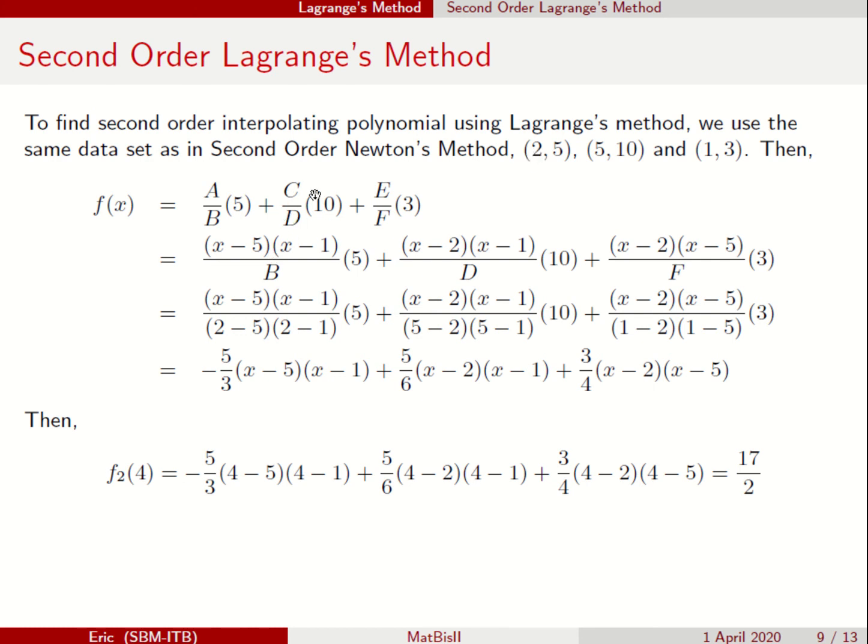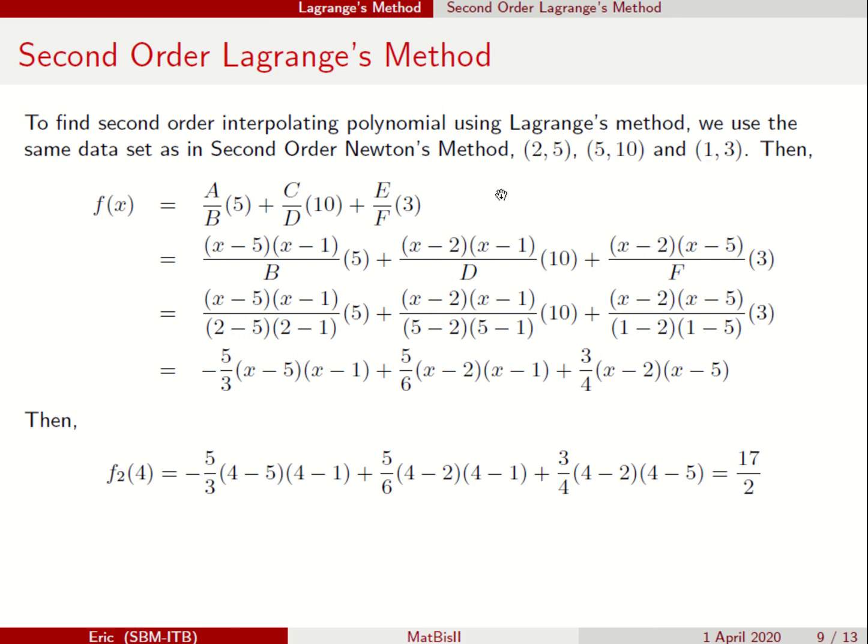And this one, I want to have just correspond to 5, 10. So I want to eliminate it if x equals 2 and x equals 1. So I put x minus 2 and x minus 1, so it will disappear if I have x equals 2 and x equals 1. Okay.